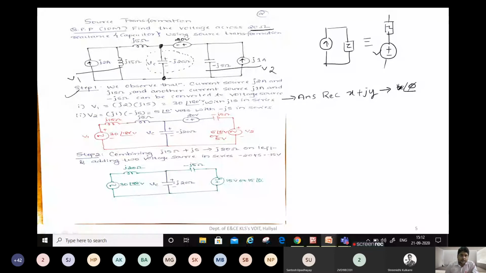We have these two parameters in parallel, so we multiply J2 with J15 in complex mode in the calculator. If you do that and convert it into polar form, the voltage you get is 30 at an angle of 180 degrees volts, with J15 ohms in series. You have to write this here. And how should the polarity be?